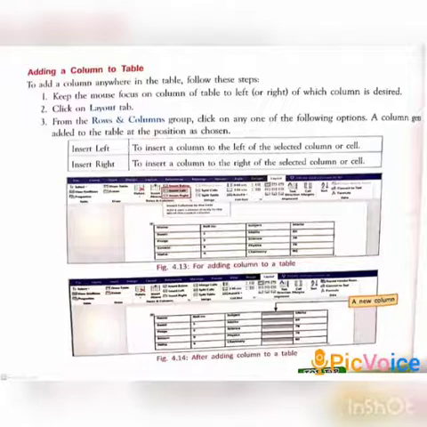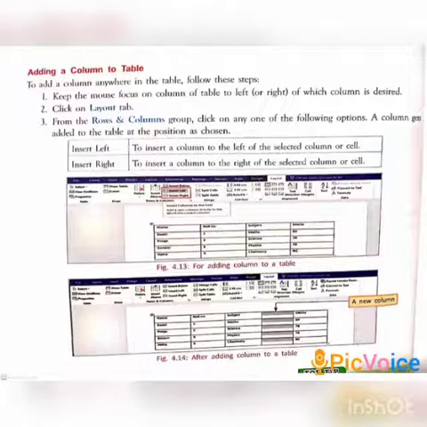In the rows and columns group, insert left means to insert a column to the left of the selected column or cell. Insert right means to insert a column to the right of the selected column or cell. Look at the picture.